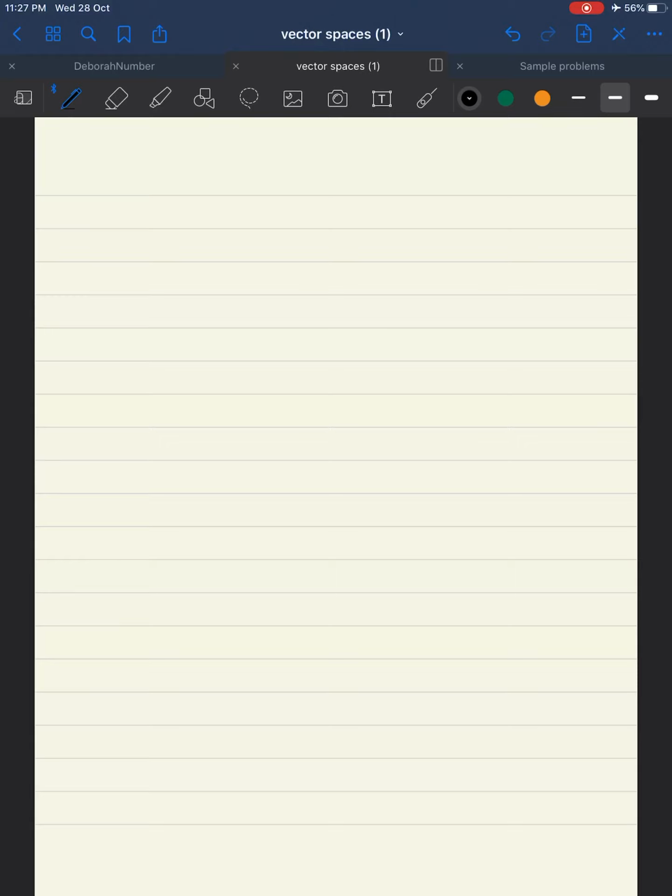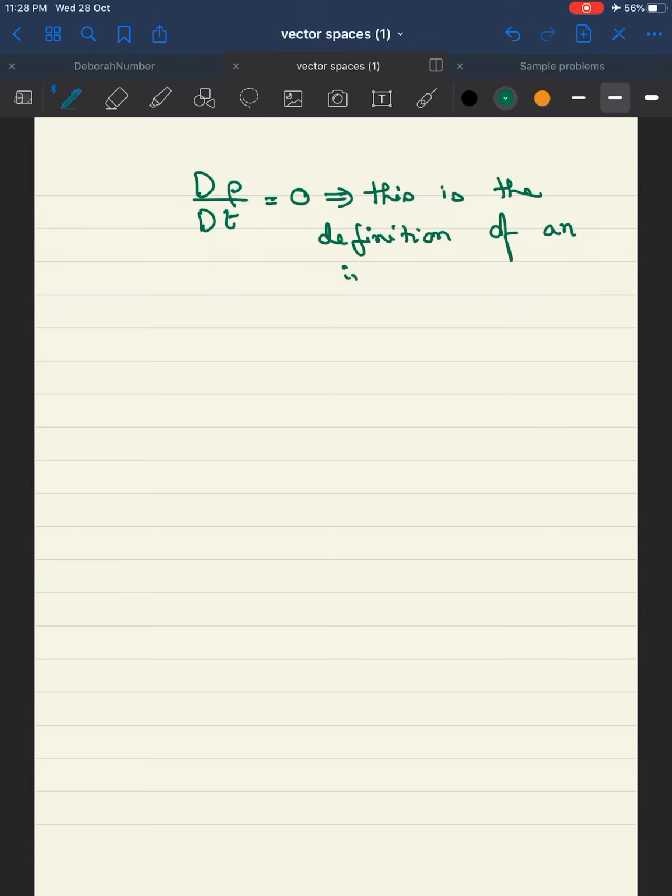That's the definition of an incompressible fluid, which means in mathematical terms this quantity has to be 0 because we are following a fluid packet. Okay, so this is the definition of an incompressible fluid.